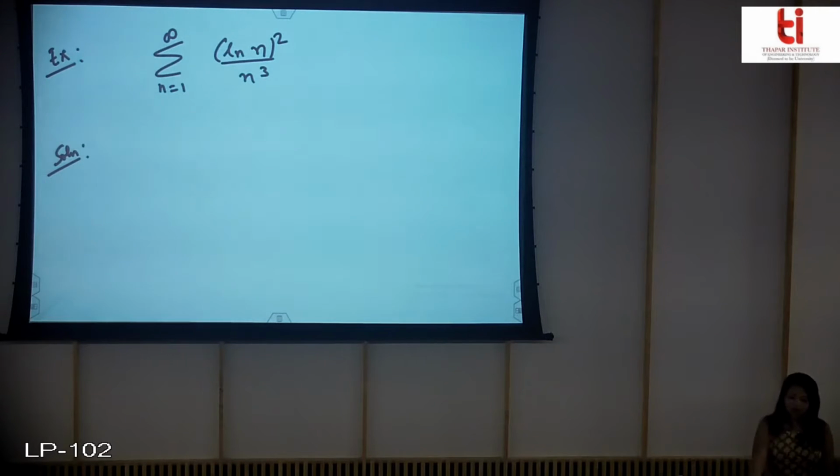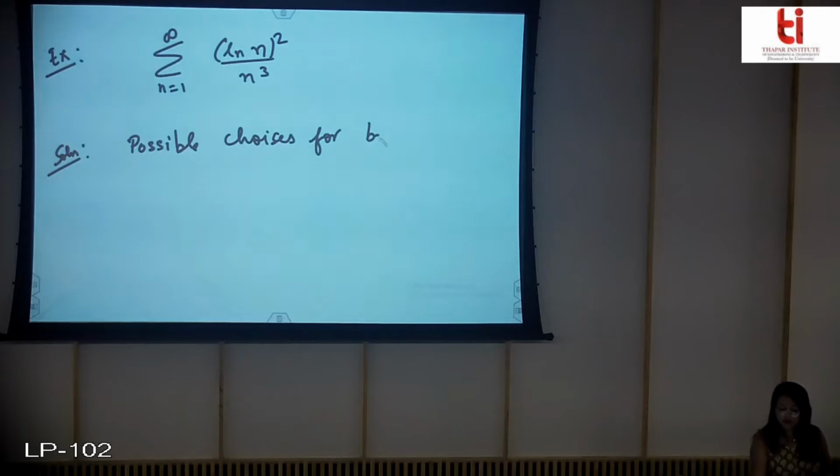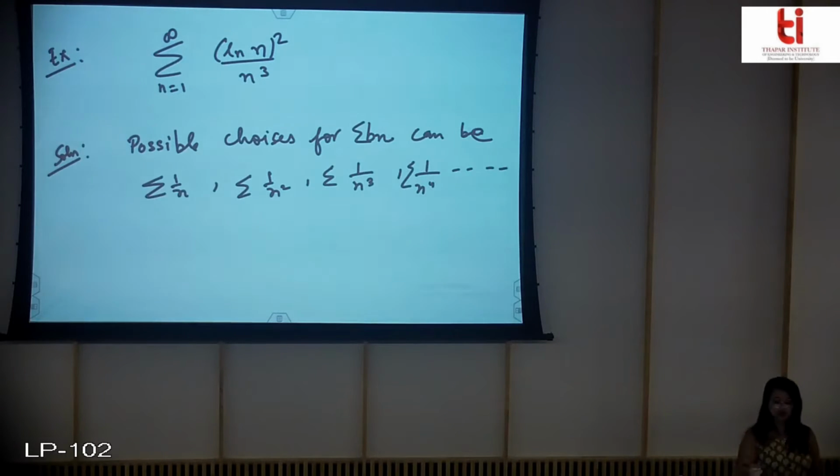So what we need to do first is to find out the appropriate Bn. So the possible choices for Bn can be these, and so on.